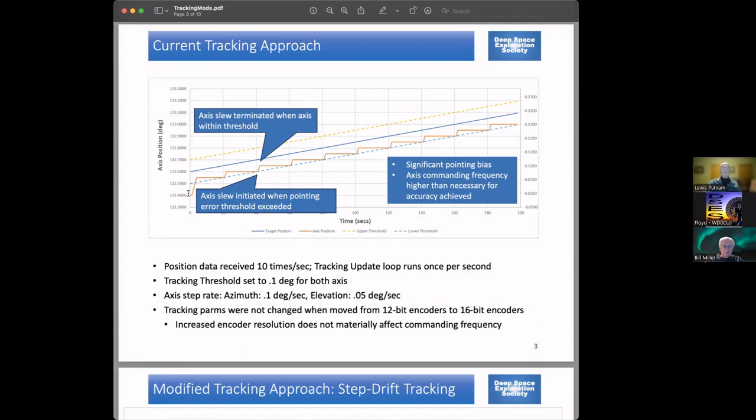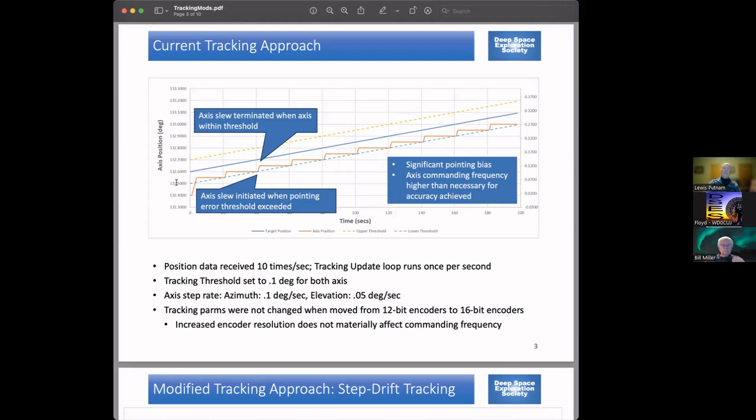So on this page, this is a plot of tracking for one axis of an object that's moving at a fixed rate. Just for explanation, the x-axis here is time, and the y-axis is the position of the object.